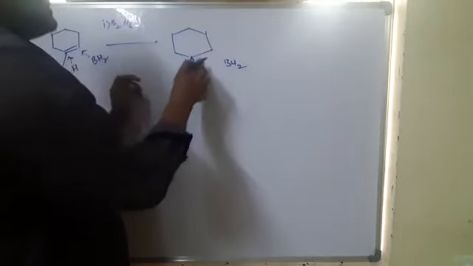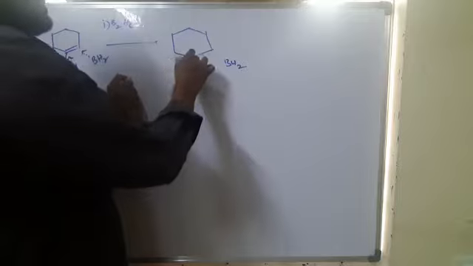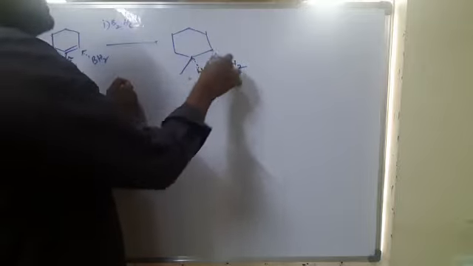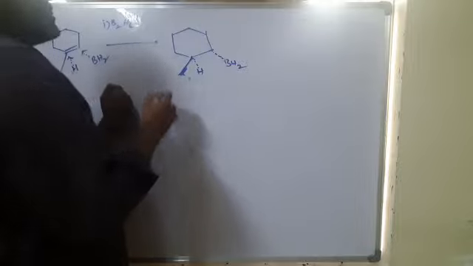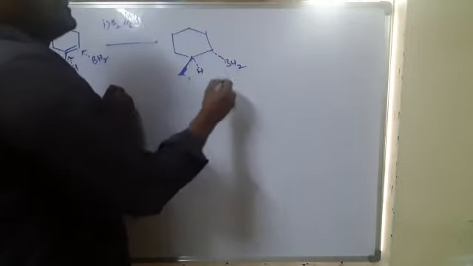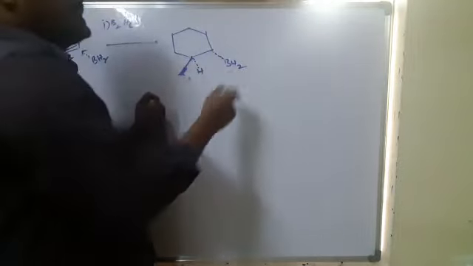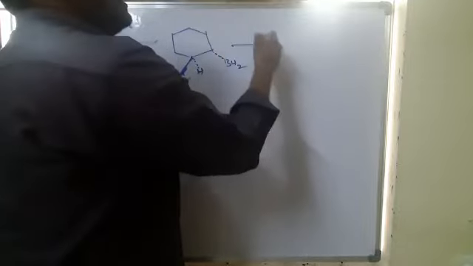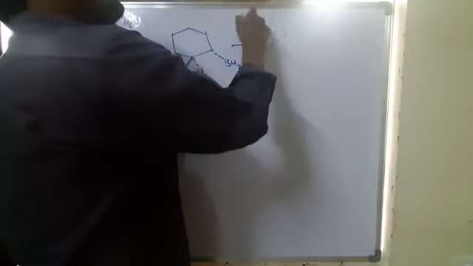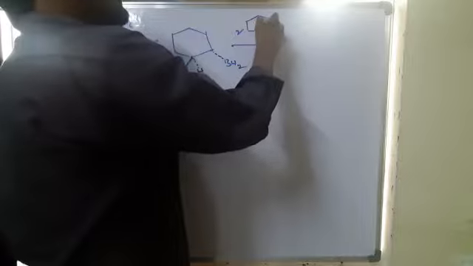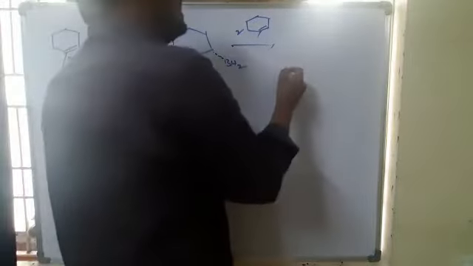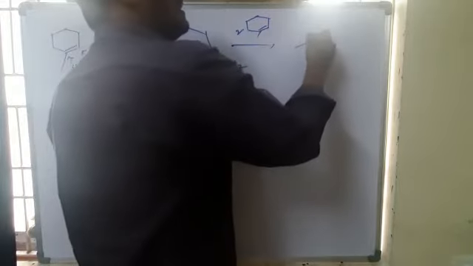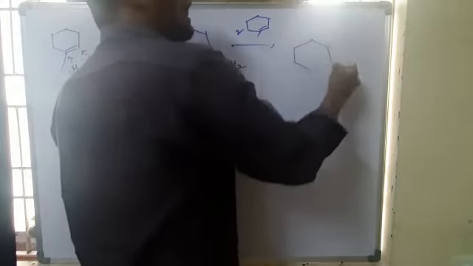Okay, same position. Okay, next, this is above the plane, the methyl group is above the plane. Next it will attack 3 times, and of the 3 moles of this, the remaining 2 moles will attack, and the product is formed.